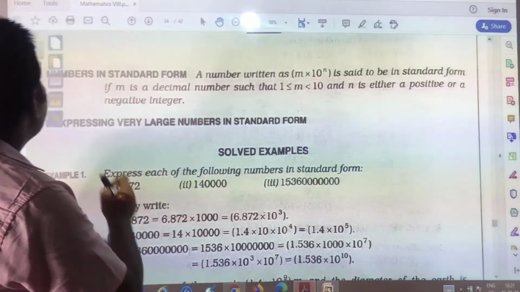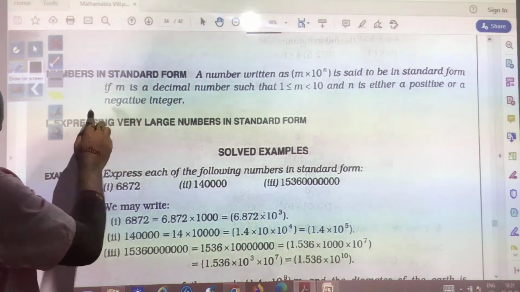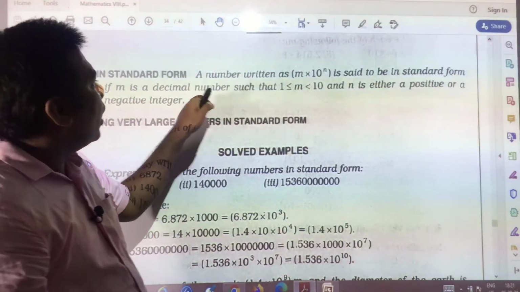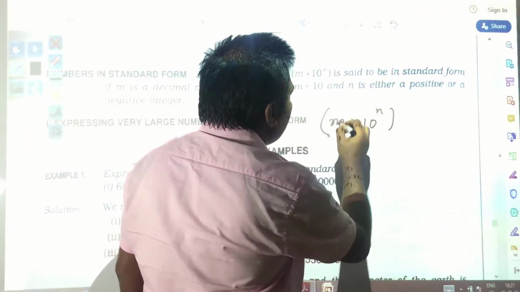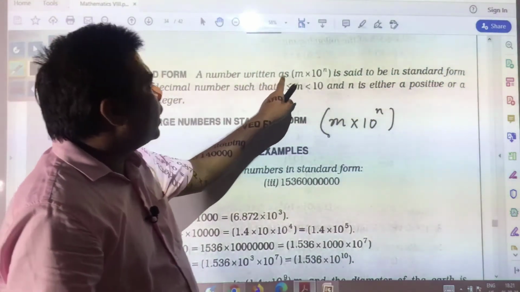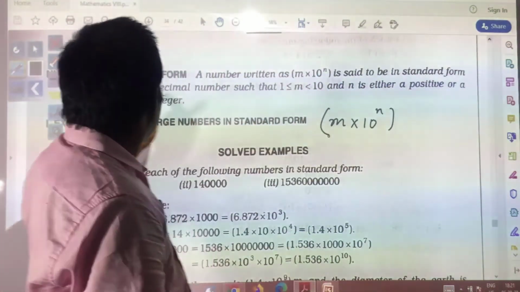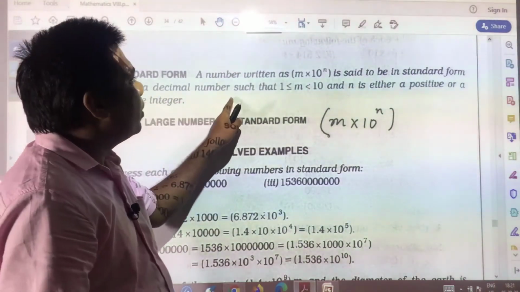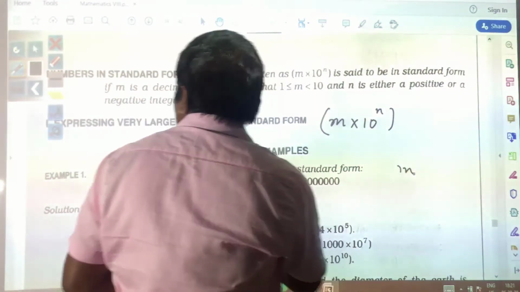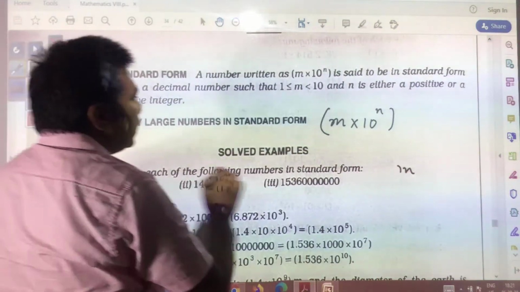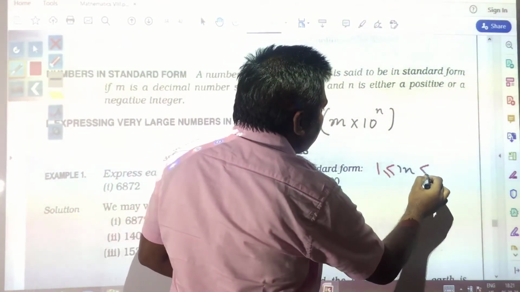Numbers in standard form. A number written as m into 10 to the power n is said to be in standard form if m is a decimal number such that m is greater than or equal to 1 and less than 10.